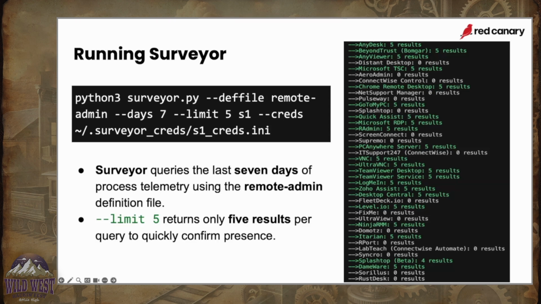So we have AnyDesk, we have UltraVNC, TeamViewer, LogMeIn, Zoho Assist, Splashtop, and Dameware. Not necessarily malicious, right? But it is a cause for concern because it's increasing our attack surface. It's presenting risk in our environment. There are too many RMM tools, and likely they're not being tracked. All right.